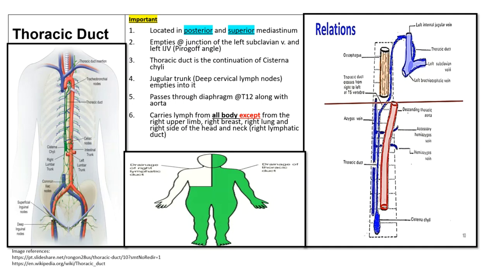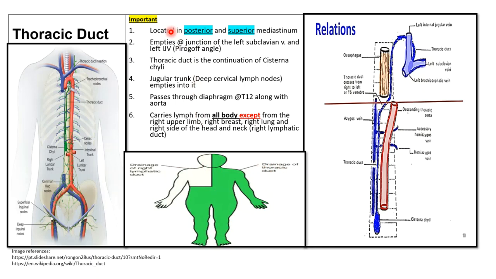This duct is a continuation of cisterna chyli, and it also drains lymph from the left side of the body. You can see here there are only a few areas of the body that drain lymph to the right lymphatic duct, but the majority of the body drains lymph to the thoracic duct.